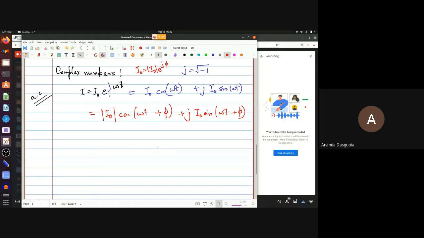Because then I naught e to the j omega t will really be magnitude of I naught e to the power j times omega t plus phi. And then using Euler's wonderful formula, this is the result that you really get.